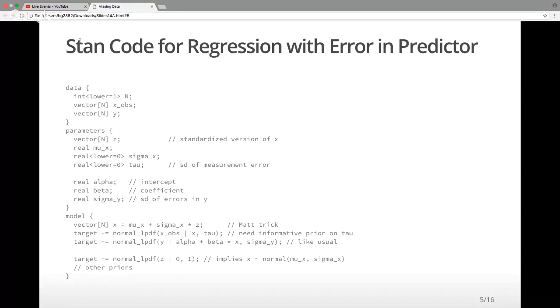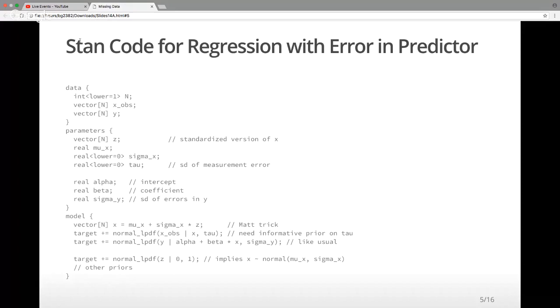And then we have this additional parameter tau, which I perhaps should have called phi, or it's among the things that would go into phi if this is a more complicated thing, which is constrained to be positive, and it's the standard deviation of the measurement error in x obs. So all of this pertains to the mismeasurement process.